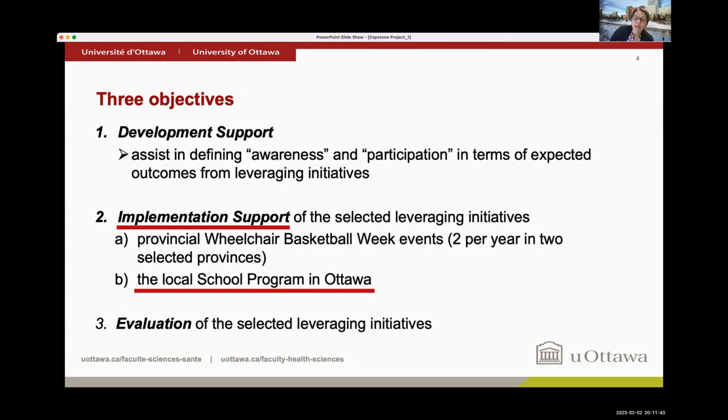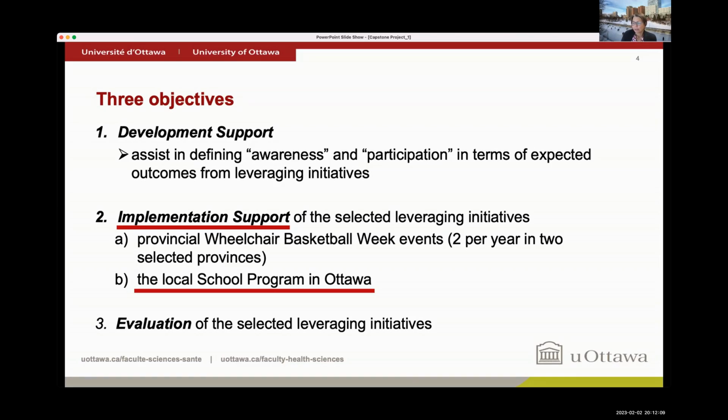That means you would help develop leveraging initiatives with the whole research team, but you would then go underground, in the form of a kind of action research approach, work with the people, observe, help them implement these initiatives, and then potentially also evaluate.